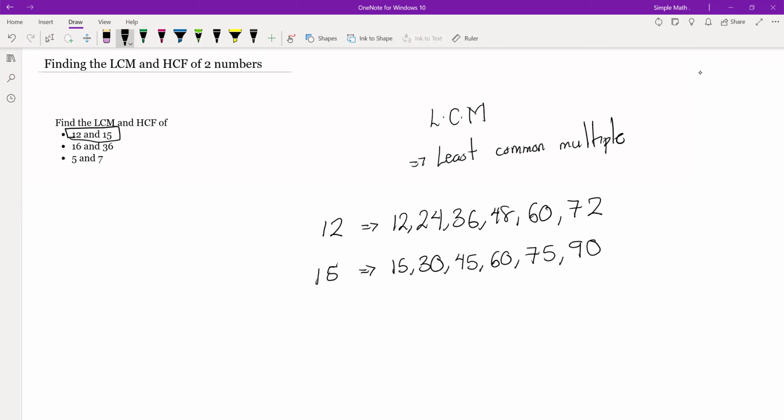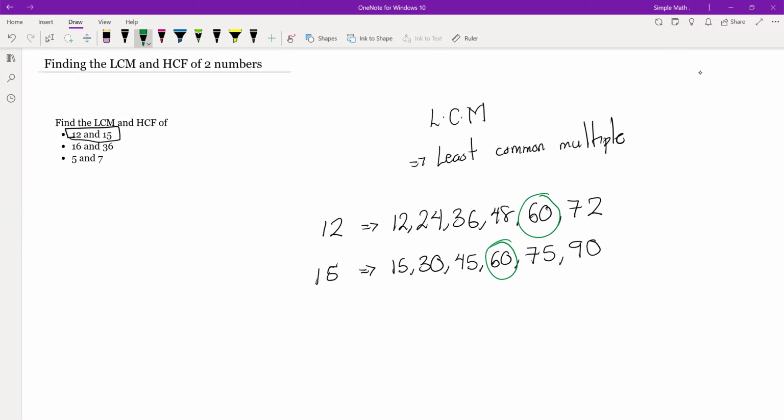So which multiple do these two have in common? What is the first multiple that these two have in common? The answer is 60. The other ones don't match.